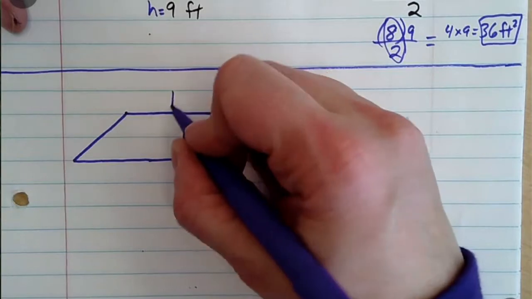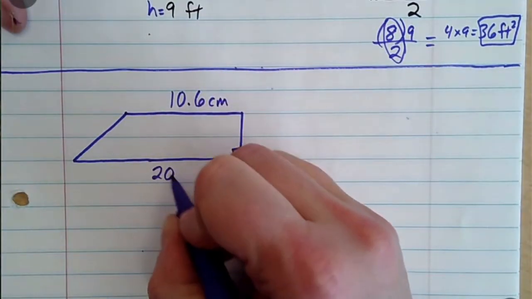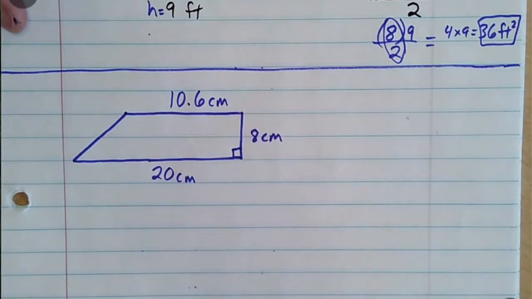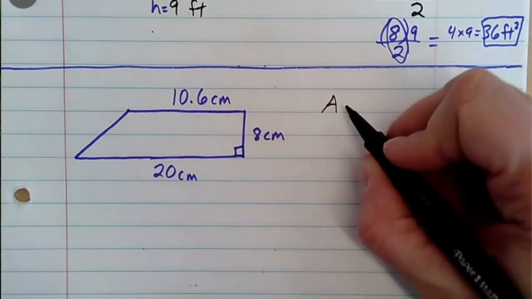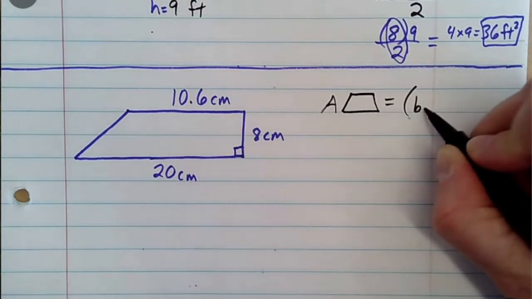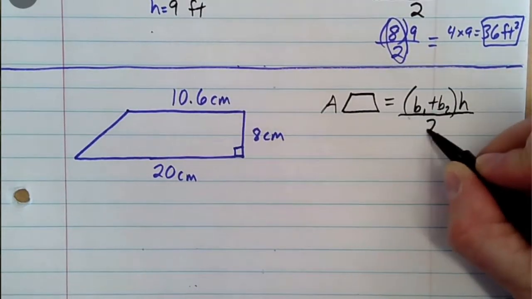We've got 10.6 centimeters on the top, 20 centimeters on the bottom, 8 centimeters here on the right. And I'm asking you to find the area of this trapezoid. Start by writing the formula and filling in your blanks. Area of a trapezoid equals base 1 plus base 2 times the height, divide by 2.